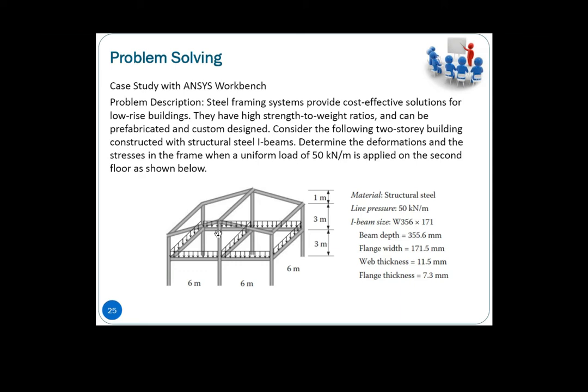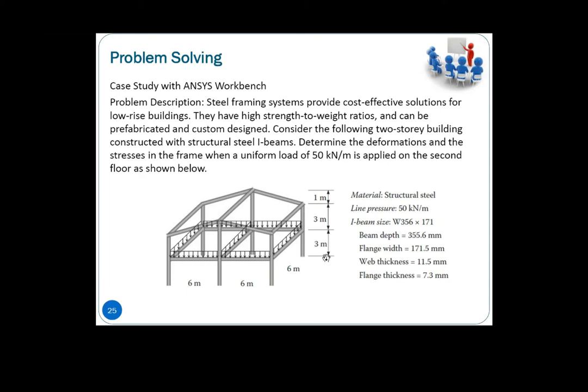In between here to here is 7, so here to here itself is just 7. That's 1 meter of difference each. So it's an I-beam size with all the information given. The I-beams are W356 times 171, and the depths with thickness are all given here.